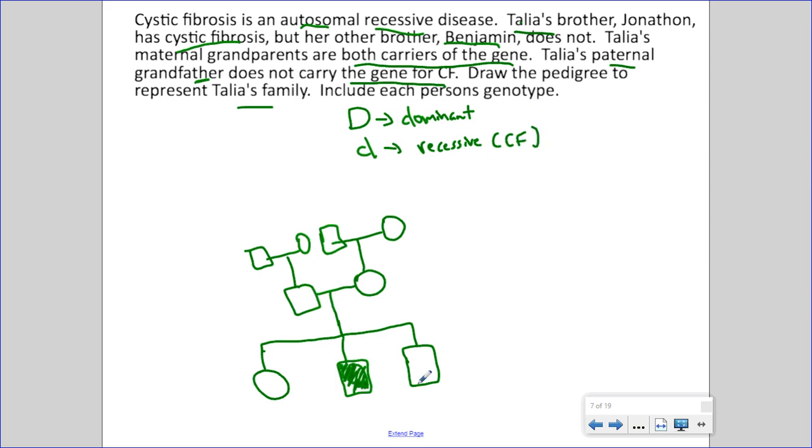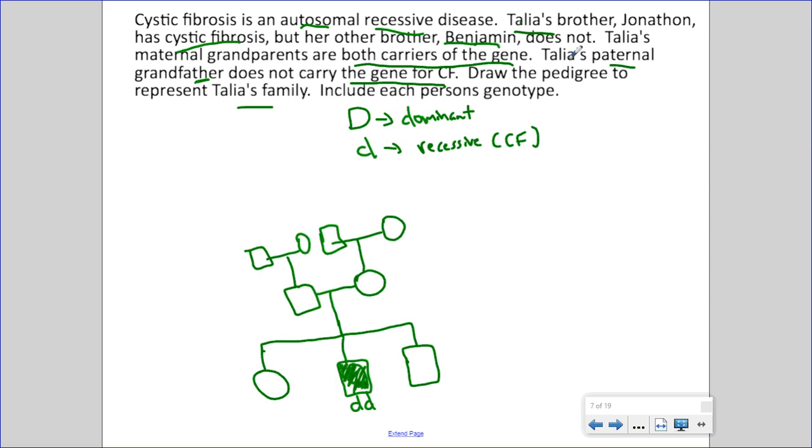And we can go in and fill in genotypes as best we can, given the information. We know Talia's one brother is affected, so we can determine his genotype. He will have two lowercase d's.